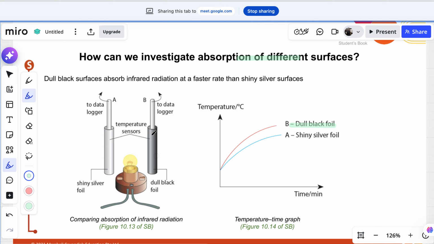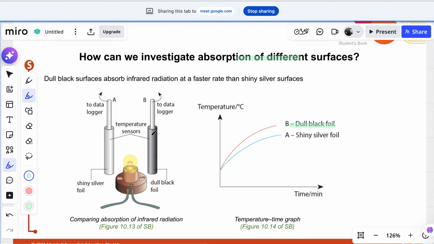One is surface texture and color. Like we saw in shiny black, dull black, shiny silver surface and dull black surfaces. So you can see the texture and color is playing a role.